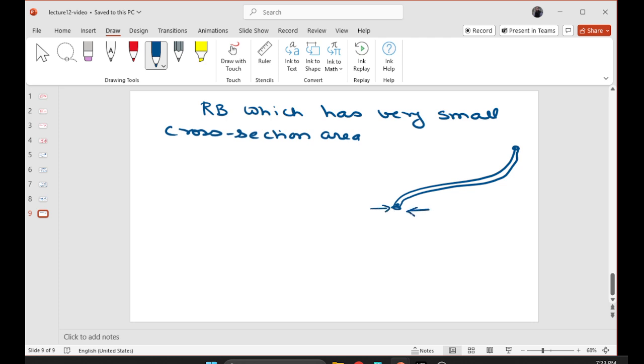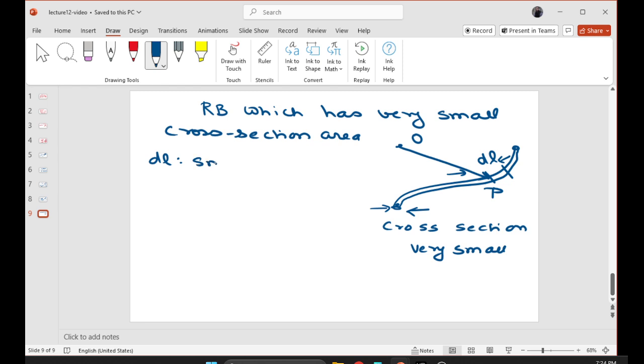Its cross section area is very small. Let P be a typical point on that wire, length of wire, and then we can identify a small length of wire in the neighborhood of point P.